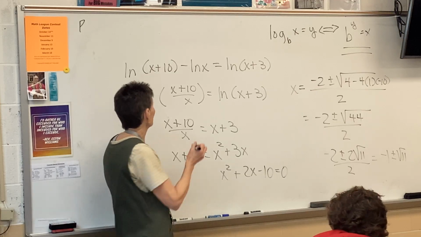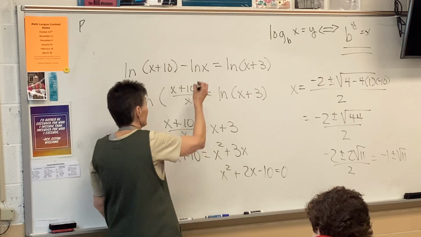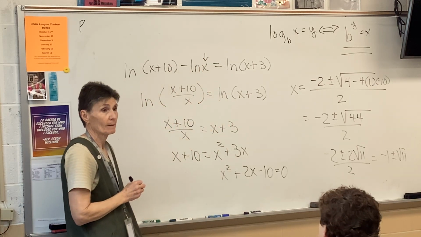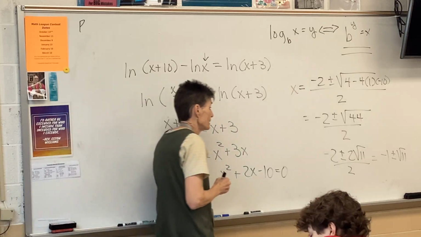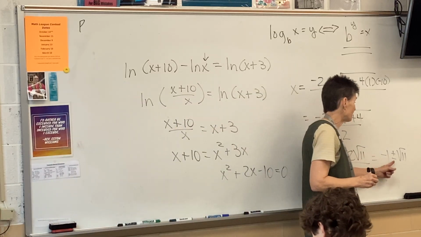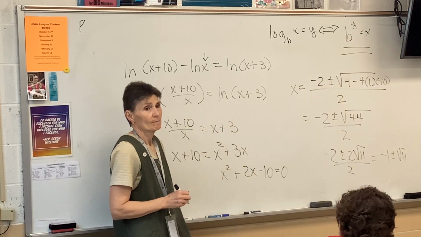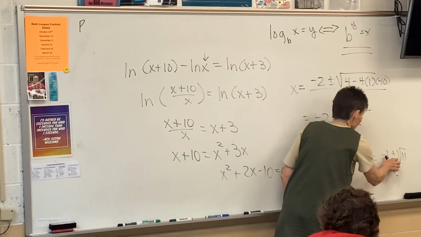Now let's go back and look at our original equation. Doesn't this right here have to be a positive number? Tell me about negative 1 minus the square root of 11. That's negative, so we're gonna get rid of that one, it's not gonna work.